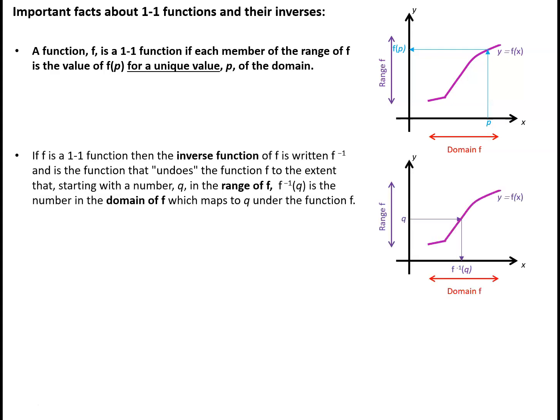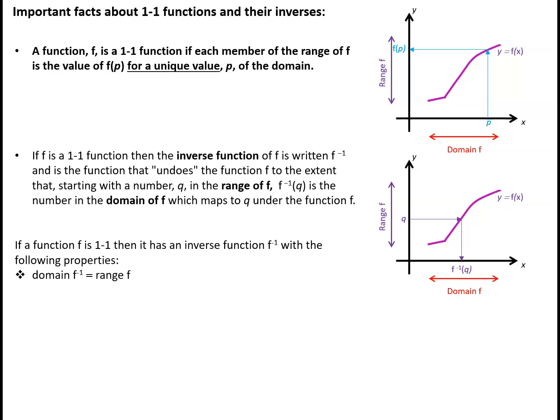If a function is one-to-one, then the inverse function of f is written as f to the minus 1, and it is the function that undoes the function f, to the extent that starting with a number q in the range of f, then f to the minus 1 of q is the unique number in the domain of f which maps to q under the function f, as you can see in the second diagram.